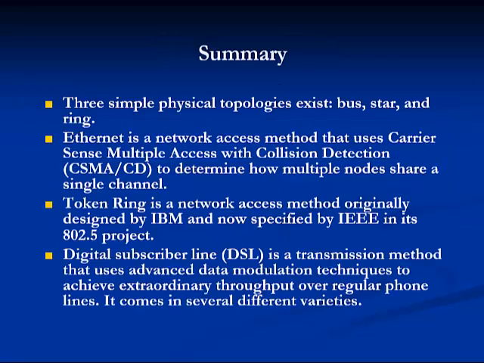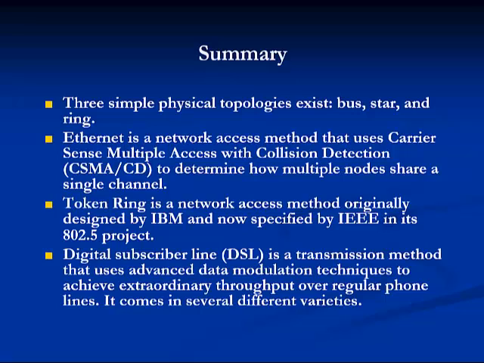In summary, we discussed in this module 3 simple physical topologies, which are bus, star, and ring. We also talked about Ethernet as a network access method that uses carrier sense multiple access with collision detection to determine how multiple nodes share a single channel.